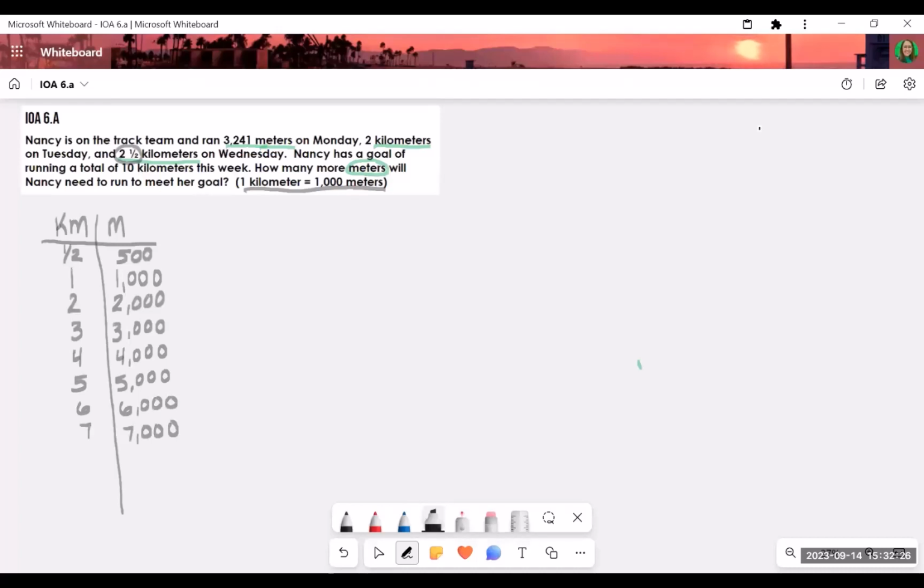And then 6 kilometers is 6,000, 7 kilometers is 7,000. Gonna keep going until I reach 10,000. So now I should have all the information that I need on my 2-column table to help me solve the problem.